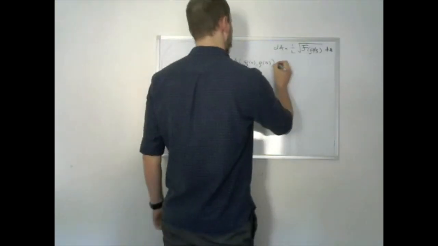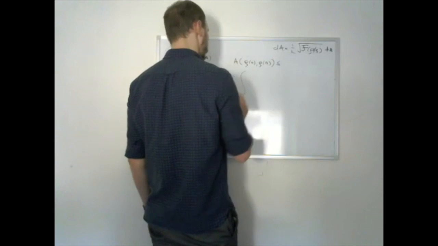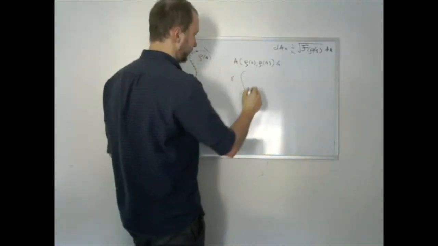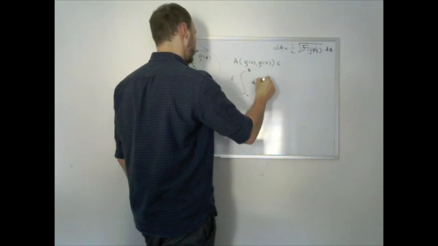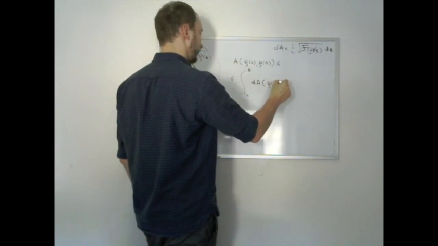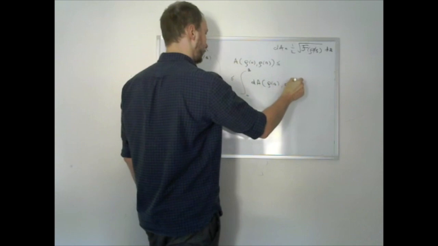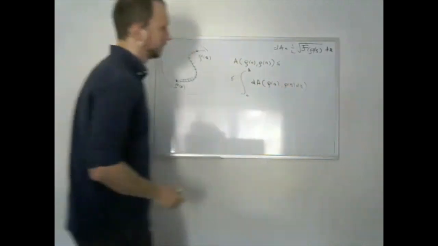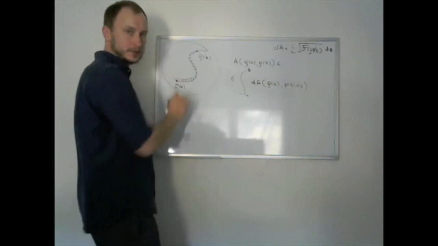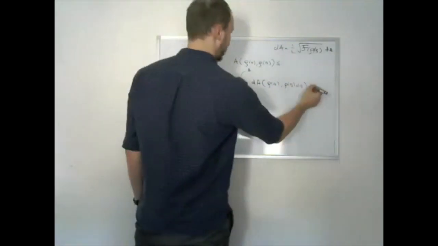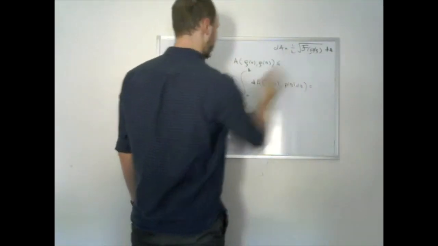So in other words, this angle is smaller or equal than the integral from 0 to b of dA between rho of b and rho of b plus db. So we just integrate this angle on the path. And this clearly is just equal by this thing.